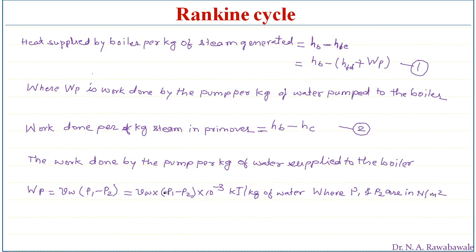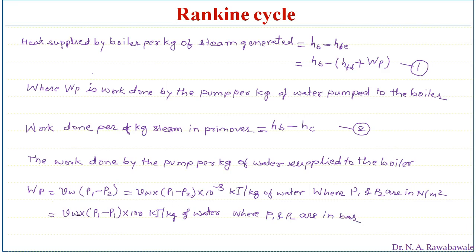If P1 and P2 are in bar, then the work done by the pump to supply water into the boiler is given by VW, the specific volume of water, into P1 minus P2, where P1 and P2 are in bar, into 100 kilojoules per kg of water, where P1 and P2 are in bar.